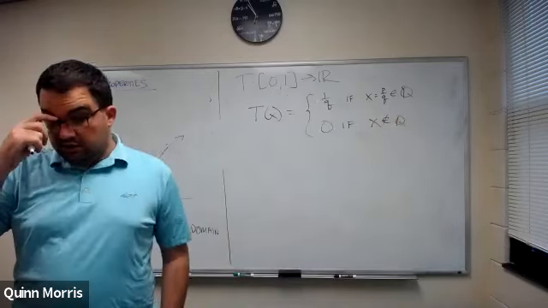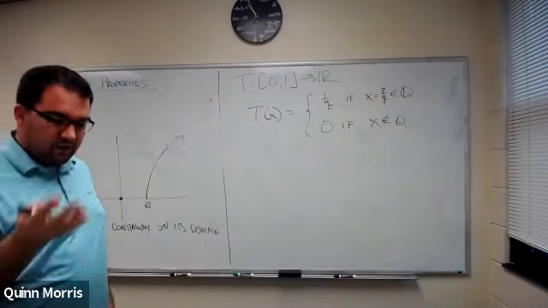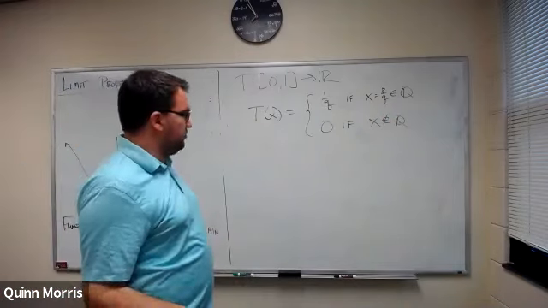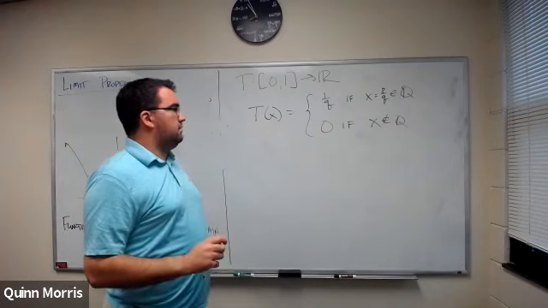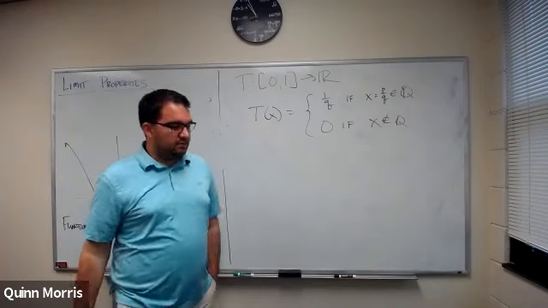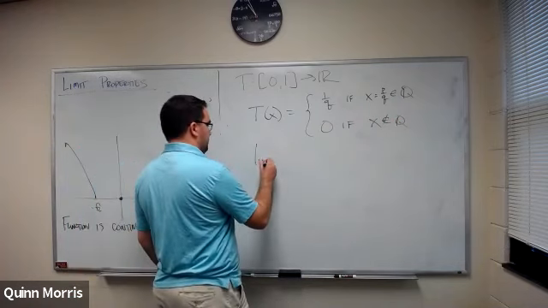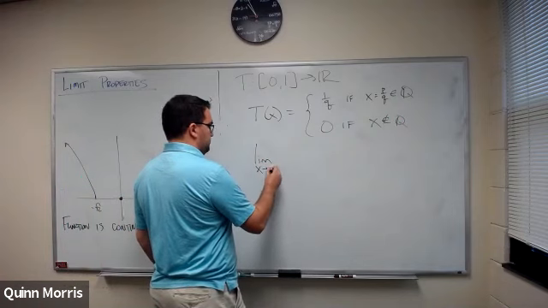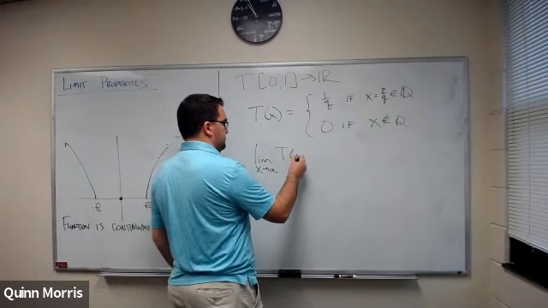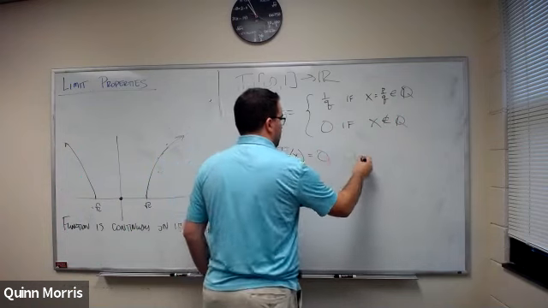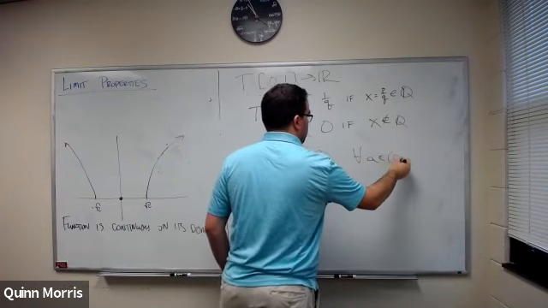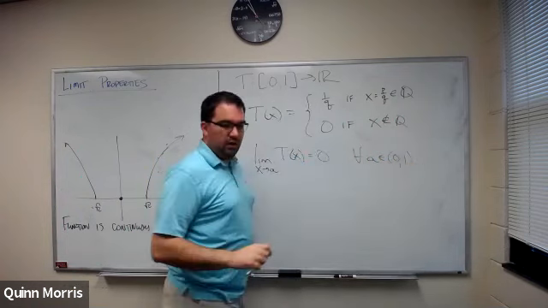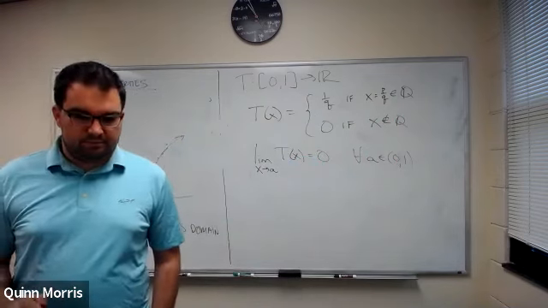Let's go back to last time. What did we observe about this function last time? We observed that the limit as x approaches a of T of x is equal to 0 for every a in the interval 0, 1.